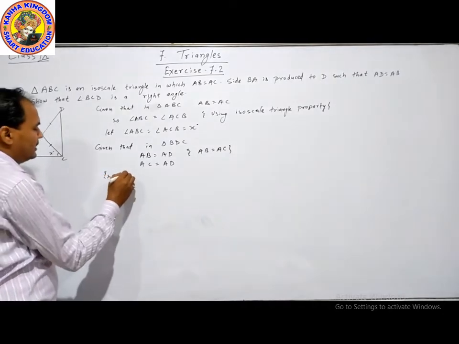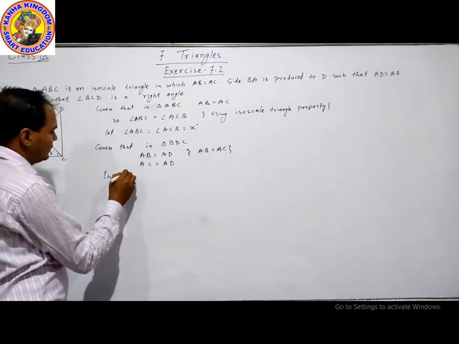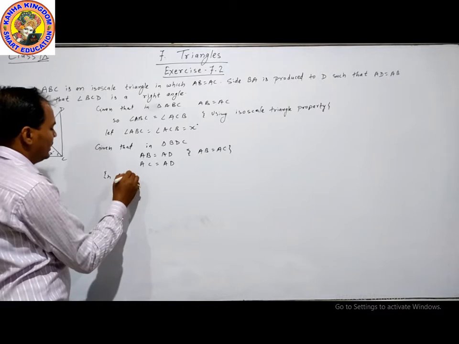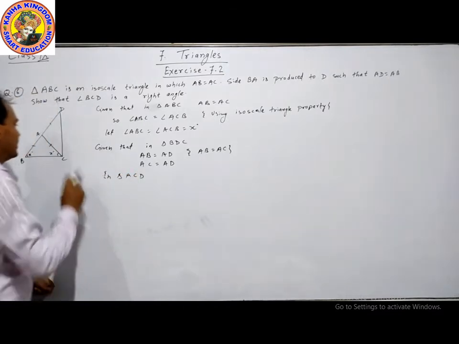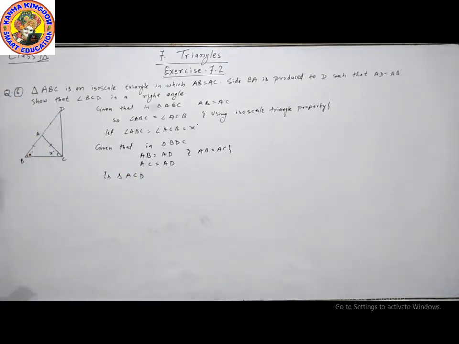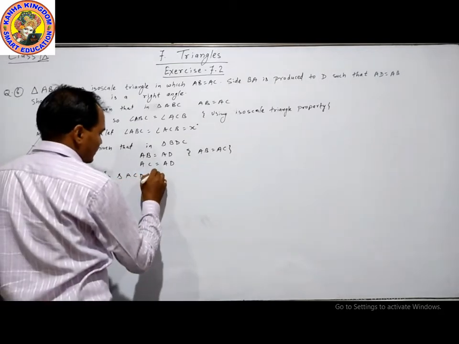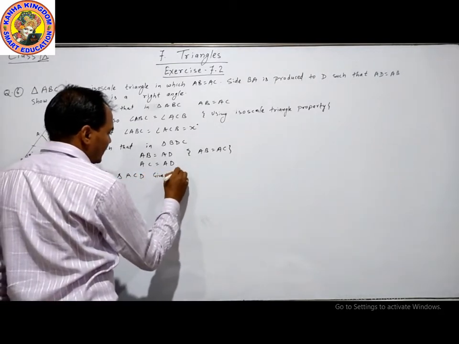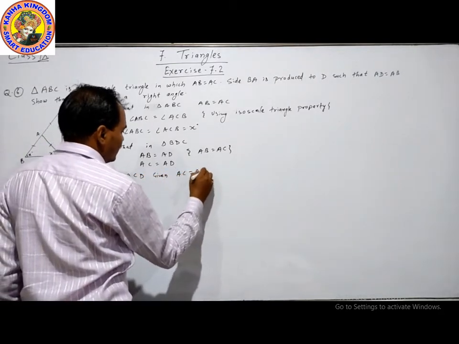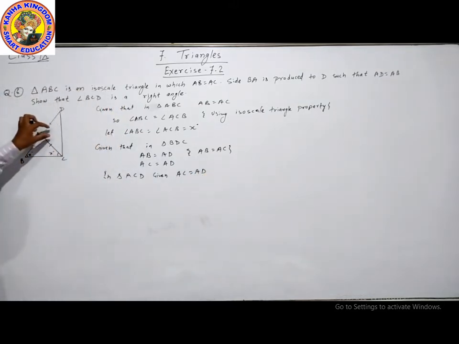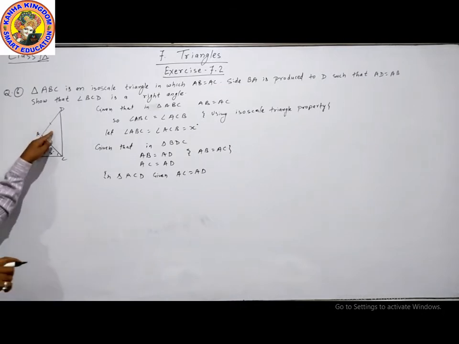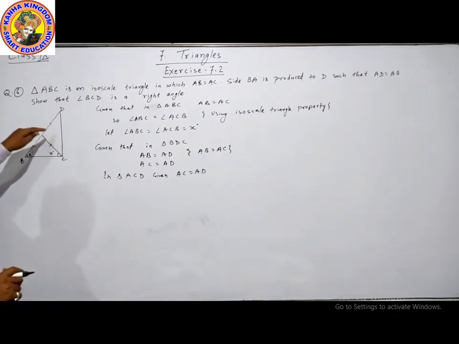In triangle ACD, the upper triangle, given AC is equal to AD. If two sides are equal, then this triangle is called an isosceles triangle, so the angles opposite to the equal sides are equal.